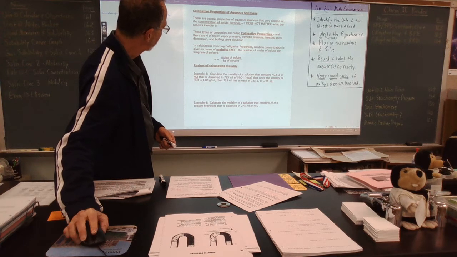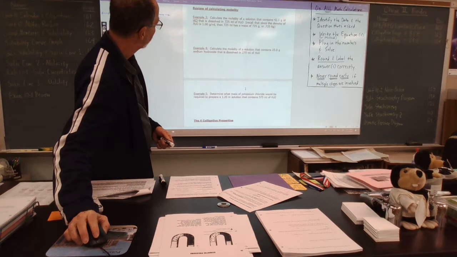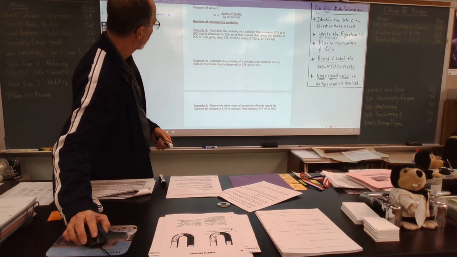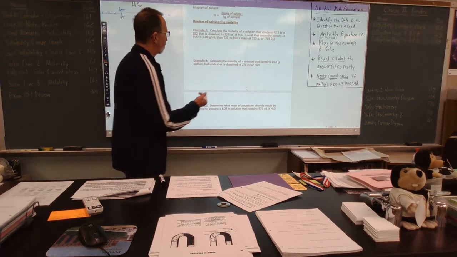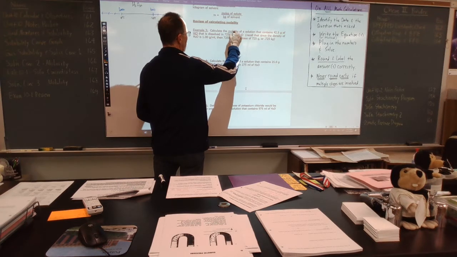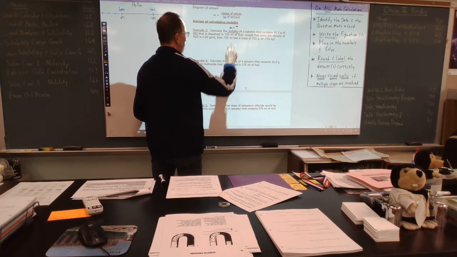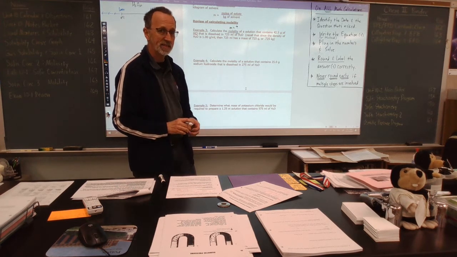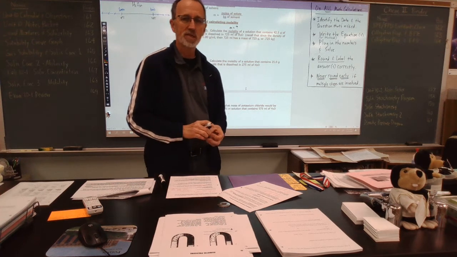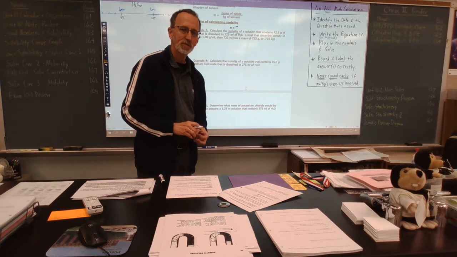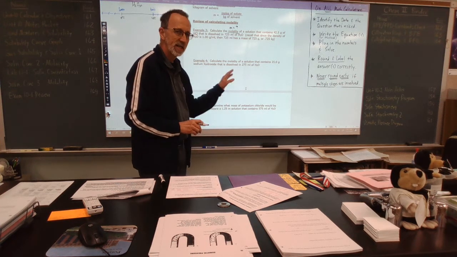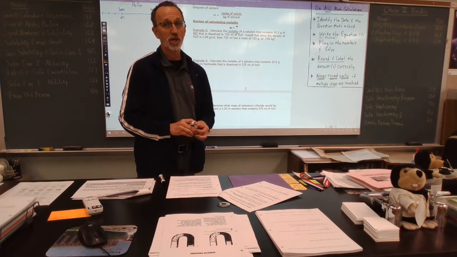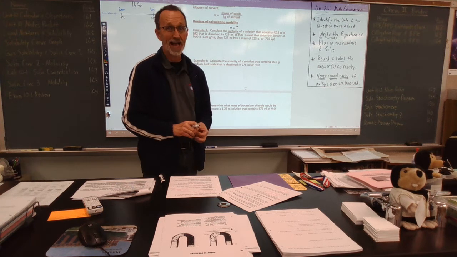So let's see. Scoot this up a little bit. Here we go. All right, so first, this first example asks us to calculate the molality. Remember, molality is a small m as compared to molarity, which is a capital M. Also remember that the small m not only represents molality, but is also the unit of molality, which is molal.